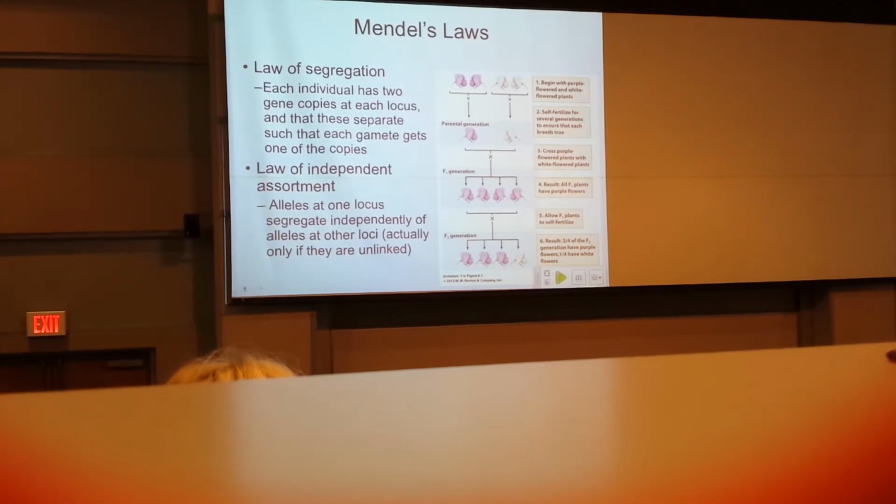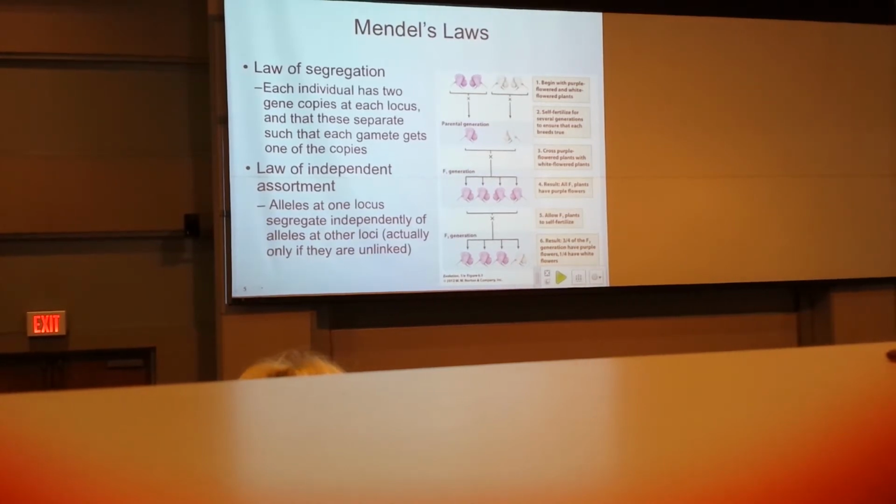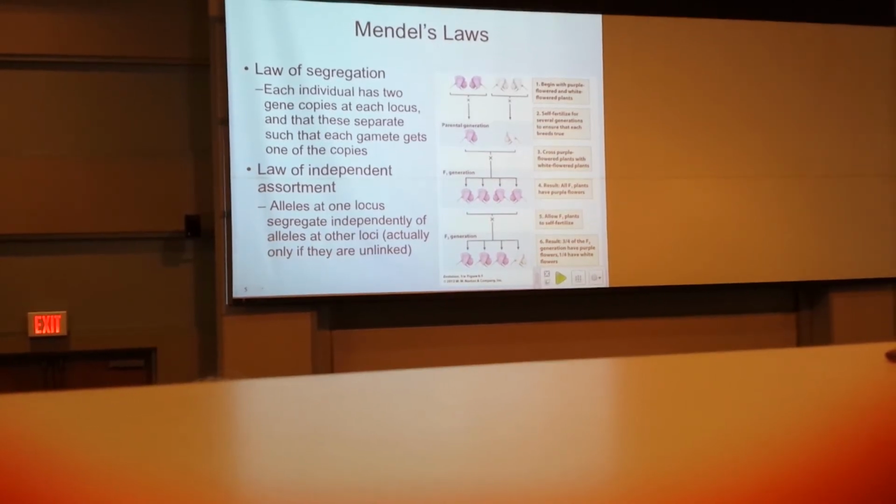And the law of independent assortment is simply that when you have multiple genes, they assort independently. So if you have a gene for flower color and a gene for seed color, those genes can go to the offspring independently.